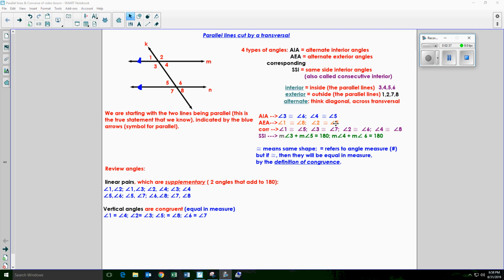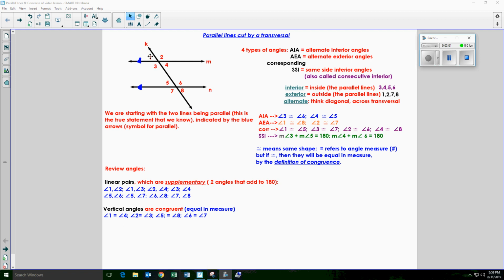Two pairs. Corresponding angles. Corresponding is the hardest for people to remember. Corresponding means they have to be on the same side of the transversal. So if I'm talking about a pair of corresponding, I can only choose from either 2, 4, 6, or 8 if I'm choosing this side of the transversal, or I can only choose between 1, 3, 5, and 7 if I'm on this side of the transversal. They have to be on the same side, one side or the other.